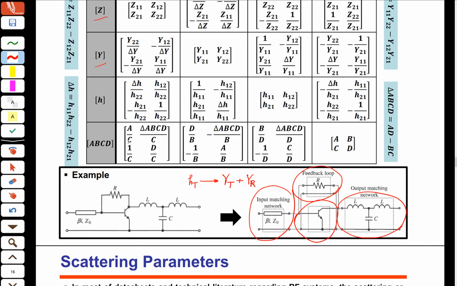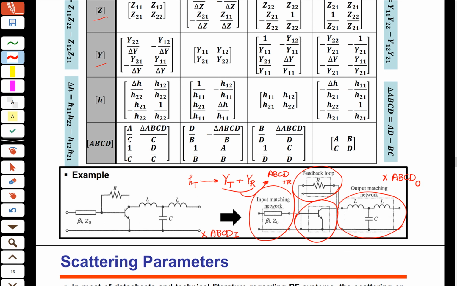And then I change these to ABCD again, the ABCD of the combination of the transistor and resistor. So this is the ABCD of this part. And then I multiply the ABCD of the input network by this, and then multiply by the ABCD of the last network.